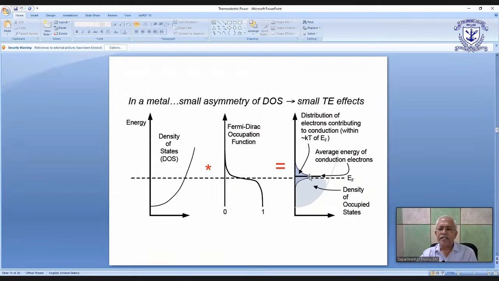Now you can easily see that this area is much larger compared to the case of semiconductors. So that is the big difference between metals and semiconductors.